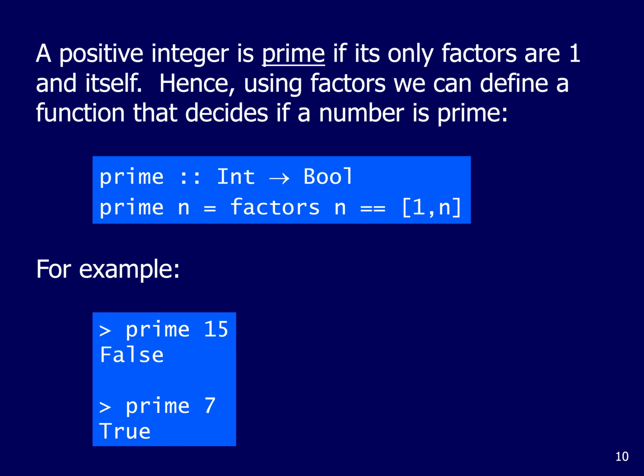But actually, under lazy evaluation, as soon as that equality check finds something which is not either 1 or the number itself, it will stop and give back the result false. So this function is actually much more efficient than you might think because of lazy evaluation, which is the mechanism that Haskell uses to execute your programs. And again, we'll see more about lazy evaluation later on in the course.